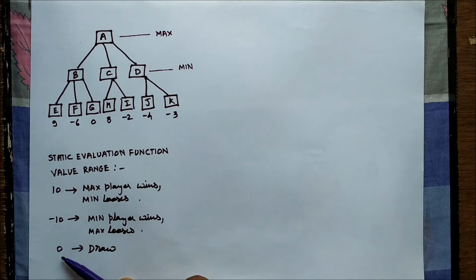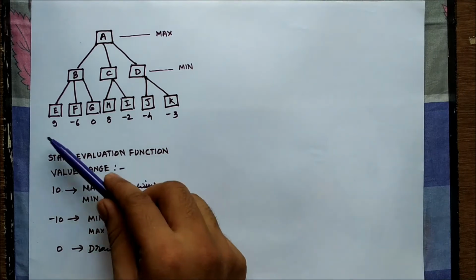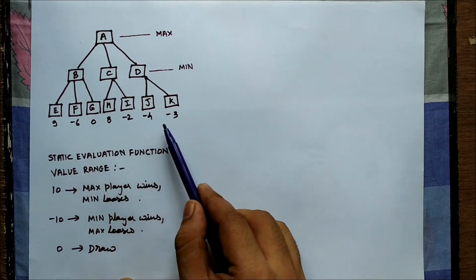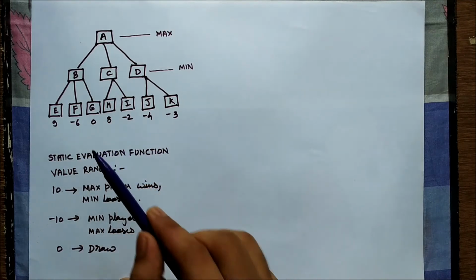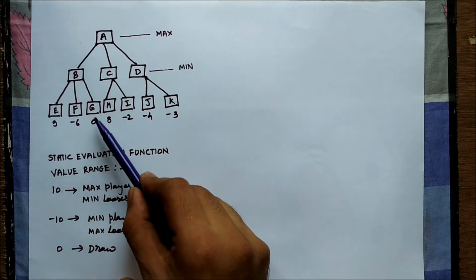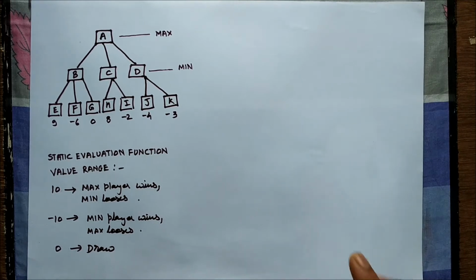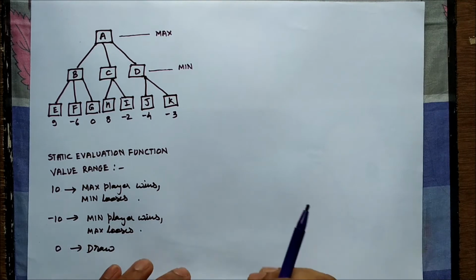And if it is 0, then it means a draw. So all these values are somewhere near the maximum or near the minimum of the range, and here you see, if you reach node G, it's a draw condition. Since the game is played in turns, it's very necessary to understand how this game works.